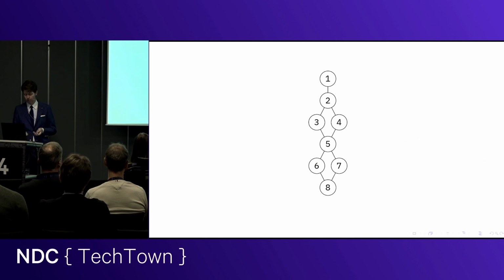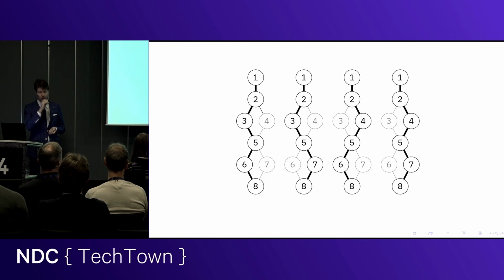Through this program, we have 4 paths. You have the first path where you take both thens. The second path, you take the first then and the second else. The third path is the first else and the second then. And finally, you have both elses.